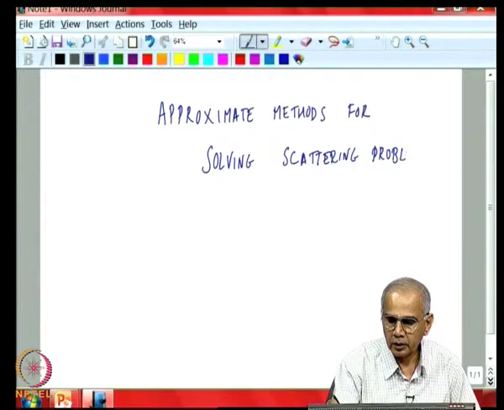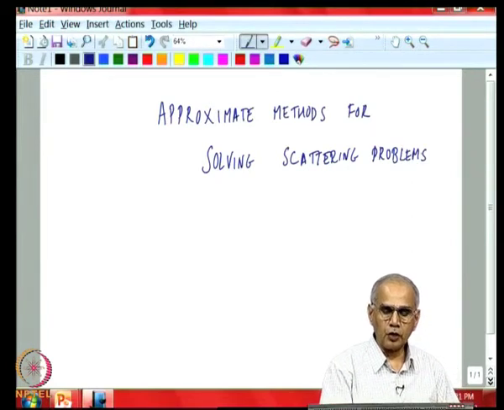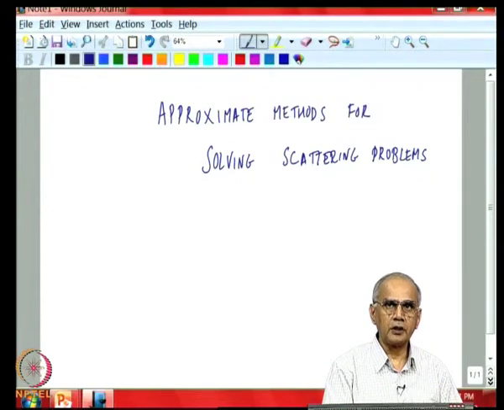So, if you recall, the earlier problems we solved without scattering were much simpler, because we could use simple exponential kernel approximation to convert an integral differential equation to a differential equation.